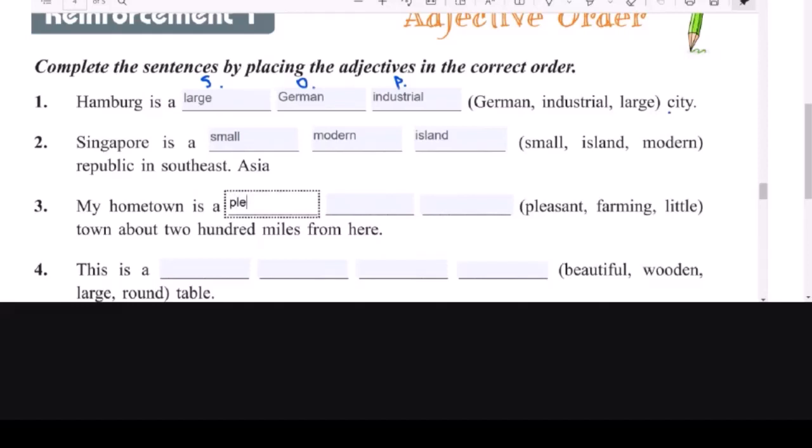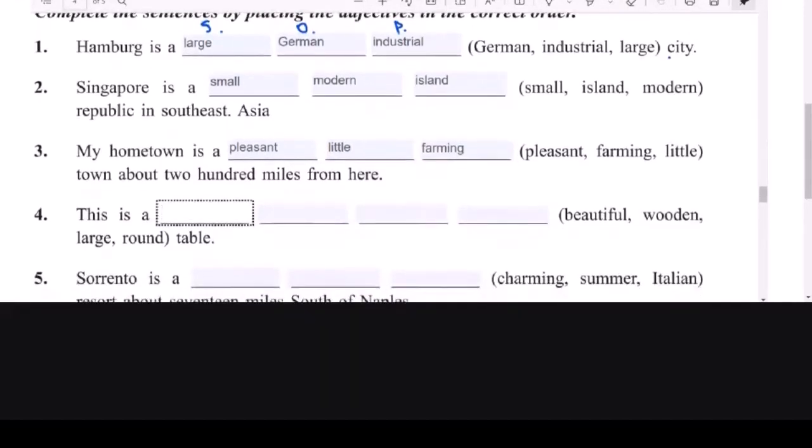So yeah. Okay. The opinion is first with pleasant. Pleasant, opinion, and then little. Little, the size. Farming is the purpose, right? The purpose. Farming. Good. Exactly. We got the idea. All right. Now let's see the next one.